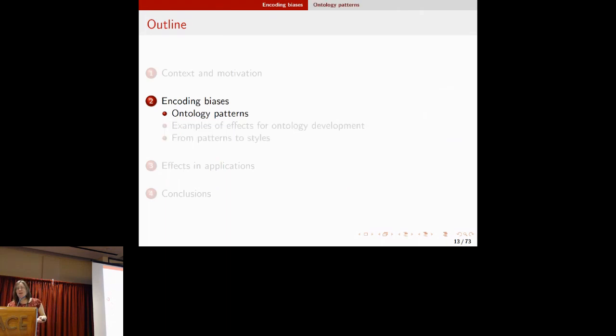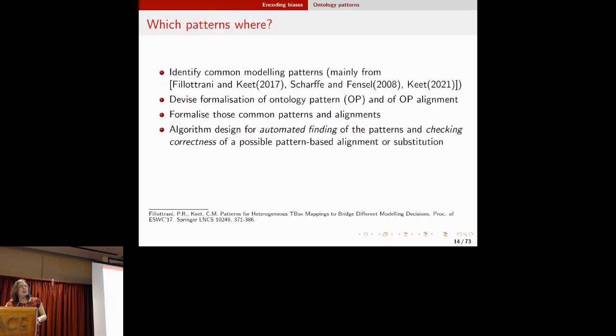First of all, when we look at those ontology patterns, we identified several modeling patterns, and here I'm going to show six categories of those patterns. They were collected from several sources, and I'm summarizing them here. We also devised a formalization of them, so we can be precise about it.